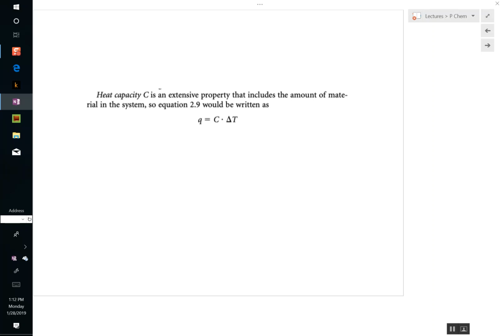It'll get a little more complicated at the end of the chapter because we'll start talking about constant volume heat capacities and constant pressure heat capacities. So we'll need to expand our thinking there in a little bit.